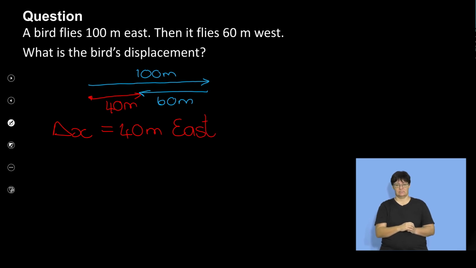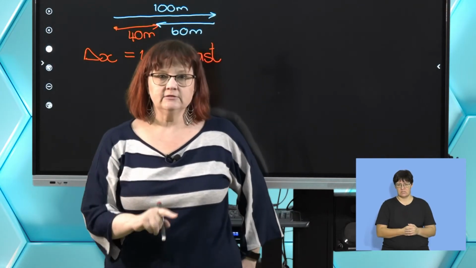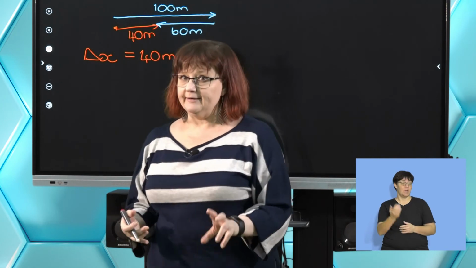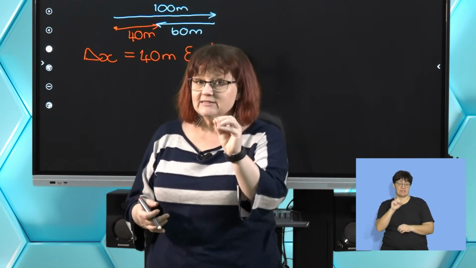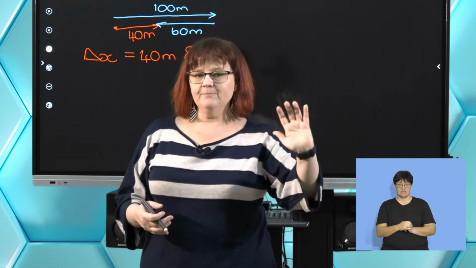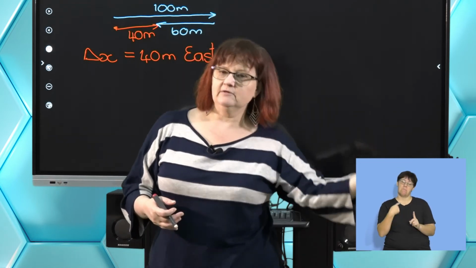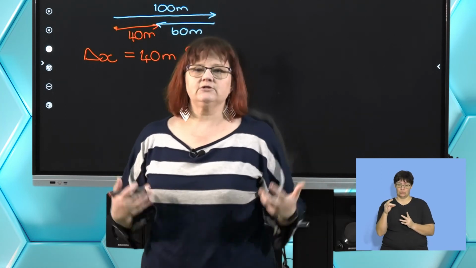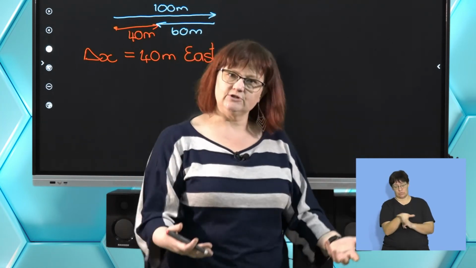But what if I told you that I didn't want a diagram? That I want this done with a calculation? I mentioned earlier that displacement is a vector. Because it's a vector, it can be described as a positive or a negative. So I have to choose a direction to be my positive direction.